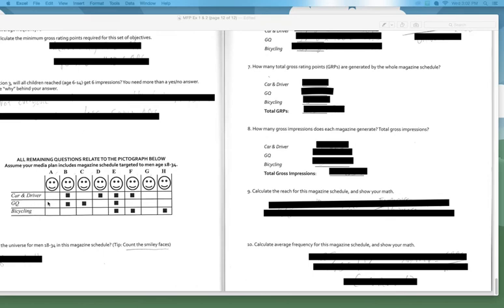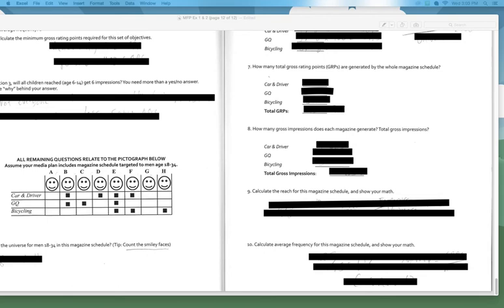And so for the magazine schedule, we notice that B has 2 impressions here. C has 1, D has 1, E has 3, F has 1, G has 0, H has 1. So G and A have 0 impressions when it comes to the math we're trying to calculate for reach.